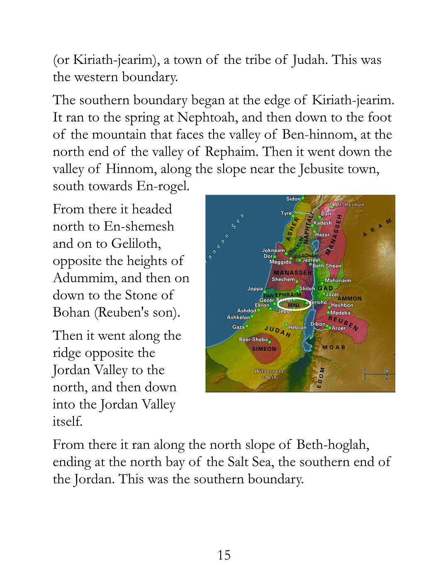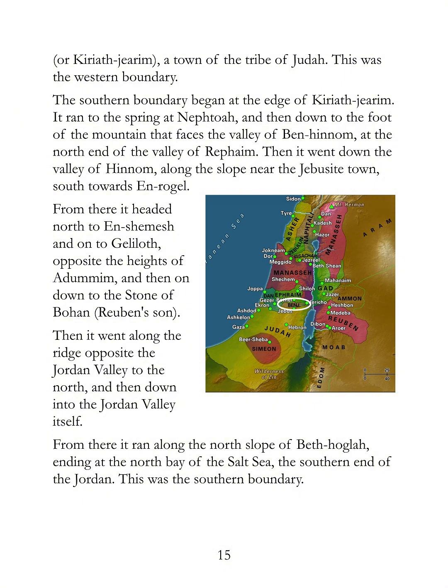The southern boundary began at the edge of Kiriath-jearim. It ran to the spring at Nephtoah, and then down to the foot of the mountain that faces the valley of Ben-Hinnom, at the north end of the valley of Rephaim. Then it went down the valley of Hinnom, along the slope near the Jebusite town, south towards En-rogel. From there it headed north to En-shemesh and on to Jelaloth, opposite the heights of Adummim, and then on down to the stone of Bohan, Reuben's son.